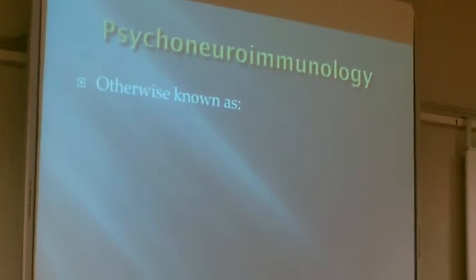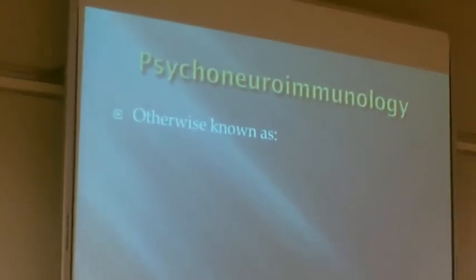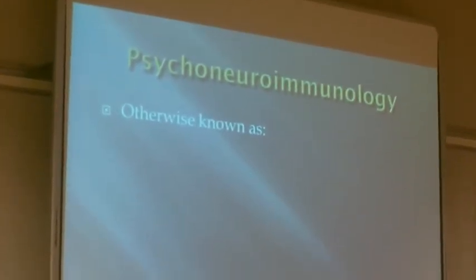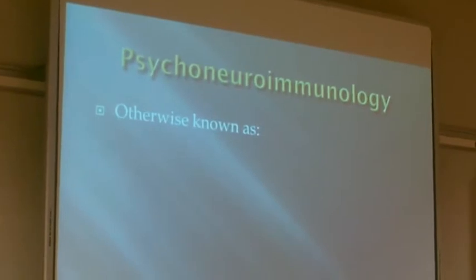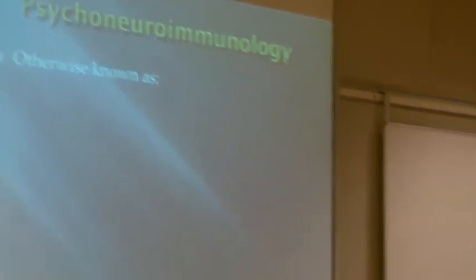I'm going to introduce now a new term, psychoneuroimmunology. Psycho, the mind, or originally the spirit, from the Greek psyche. Neuro, the brain, immunology, immune system. So what have we got there in that word? Psychoneuroimmunology.